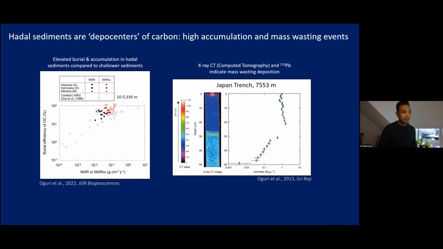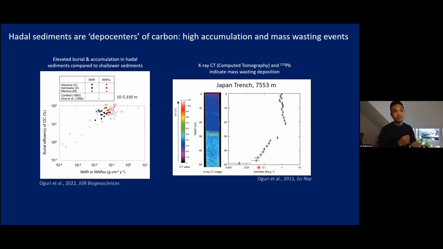And they did some X-ray CT scan here. Just to read this, the CT value increases with density of the sediment that's deposited in that layer. They also measured lead-210 profiles. For those of us maybe not familiar with this, lead-210 profiles indicate the sedimentation rate of sinking organic matter in sediments, because lead-210 only comes from the atmosphere.